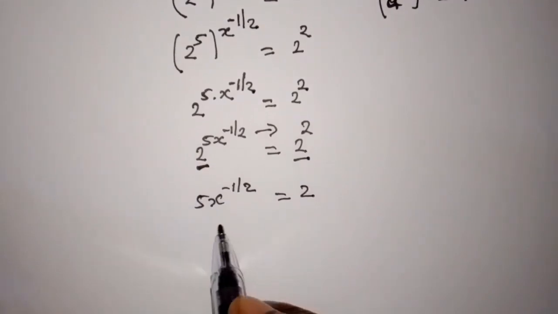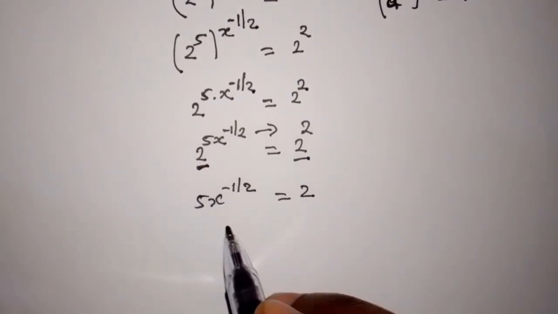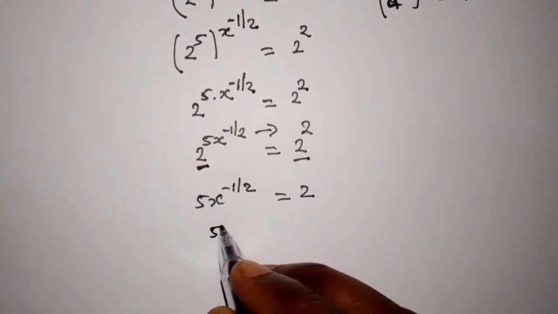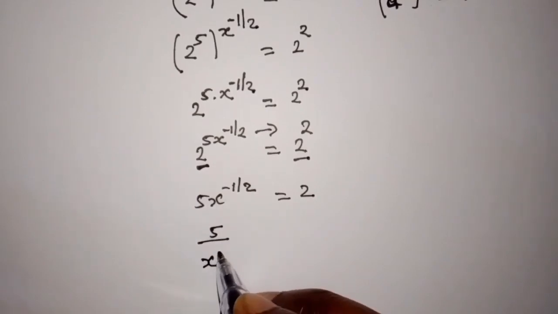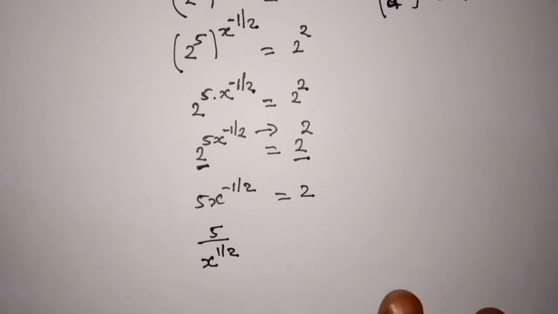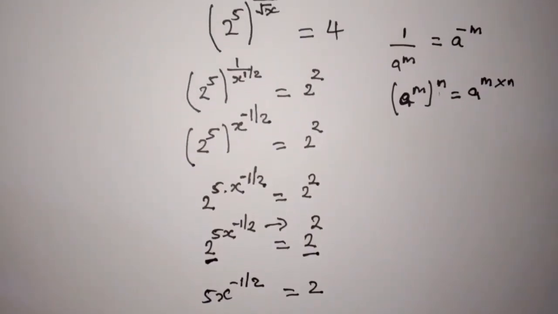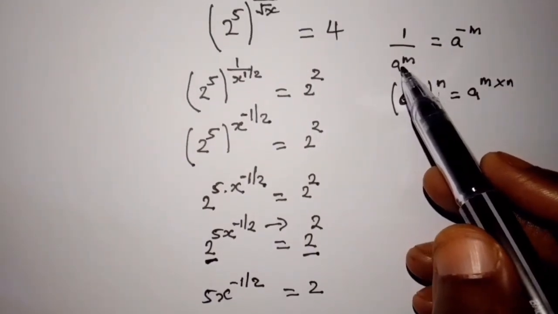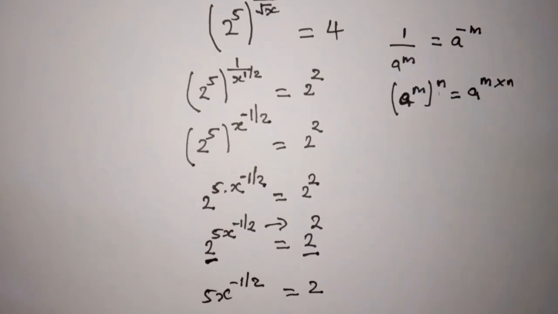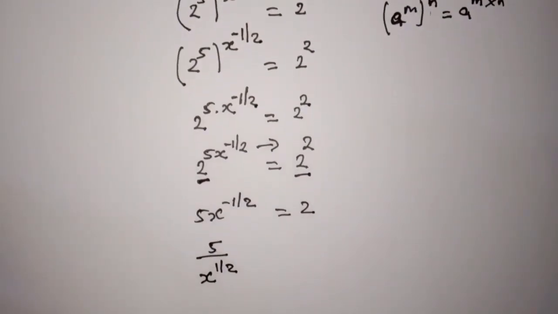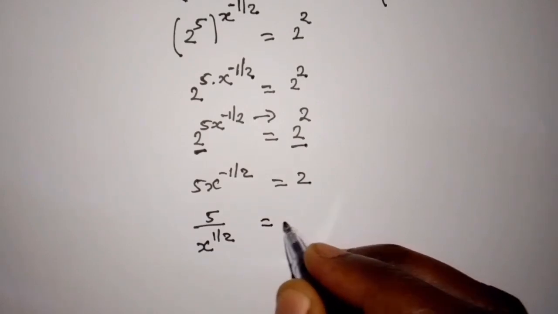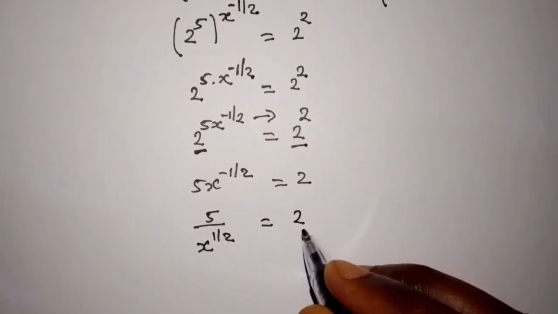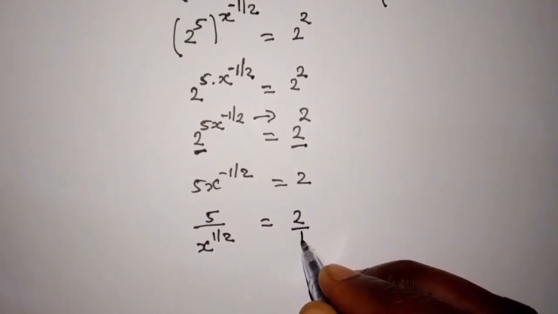We can rewrite this one here as 5 over x power 1 over 2 according to this rule here. This is giving us 2 over 1.